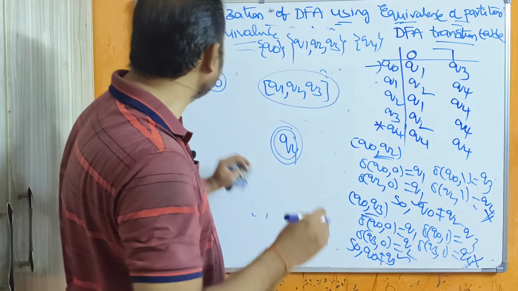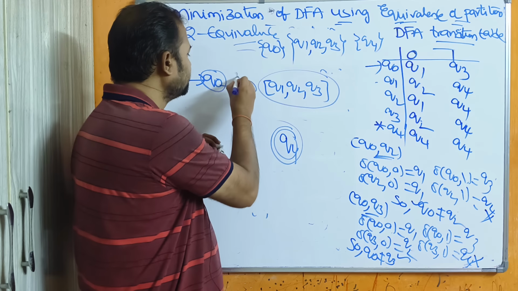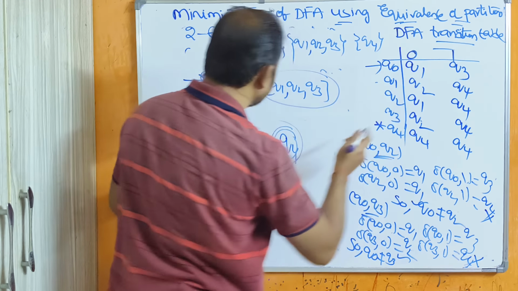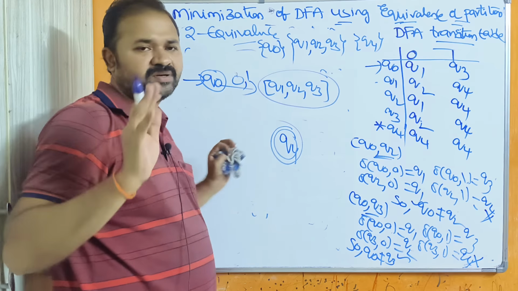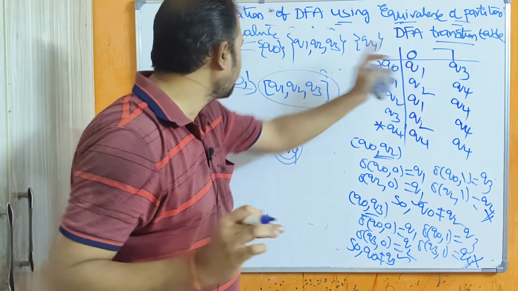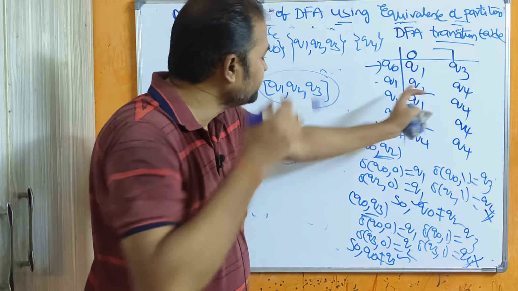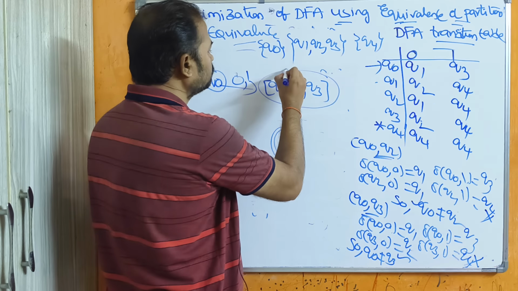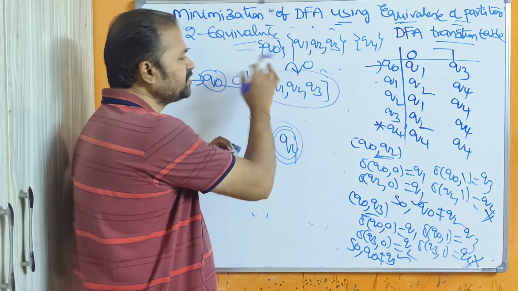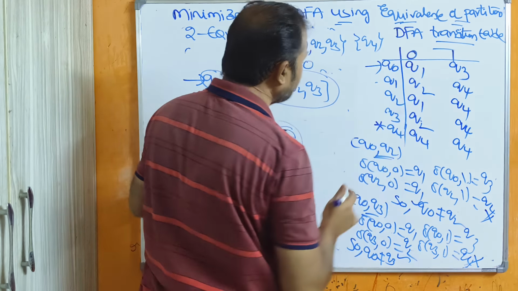So Q0 on 0 means Q1. So this is the transition diagram. Next Q1 on 1 means Q3. Q1, Q2, Q3 all are the same only. So Q0 on 0 means Q1. Q0 on 1 means Q3. Next Q1 on 0, Q2. Next Q1 on 1, it is Q4.